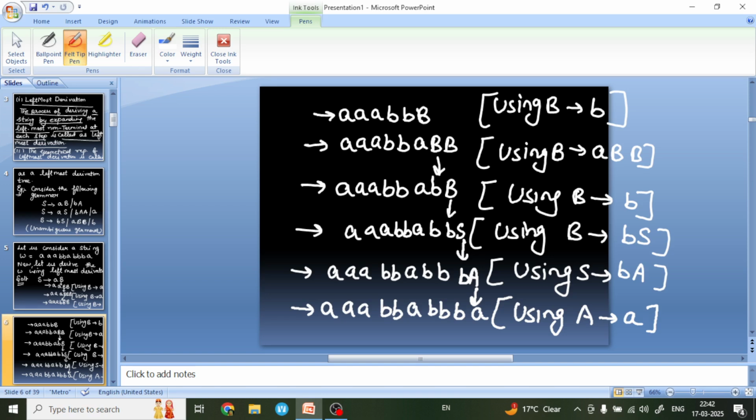Now you can see you will get the string that is required in the statement.